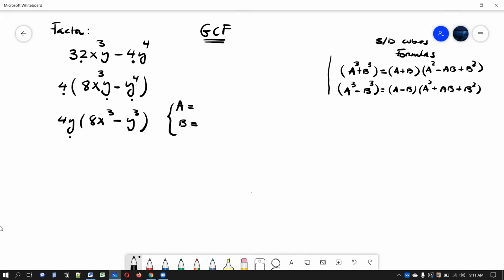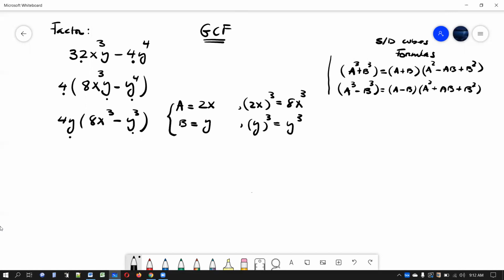Right? So in this case, A would be 2x. Professor, why is it 2x? The reason it's 2x is because 2x cubed is 8x cubed. And B is just y, because y cubed is exactly y cubed. Okay.